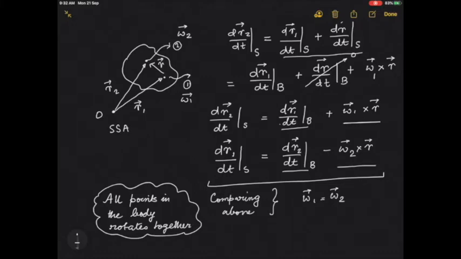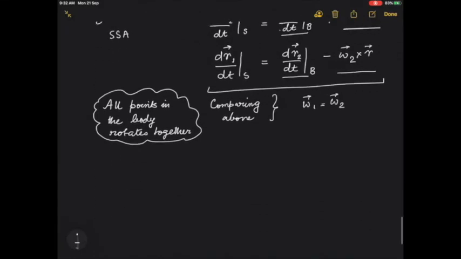Now these two are obviously equivalent viewpoints. And if I compare these two equations from these two equivalent viewpoints, I get that the angular velocity of point 1 with respect to 2 is the same as the angular velocity of point 2 with respect to 1, which essentially tells us that all the points in the rigid body have the same angular velocity.